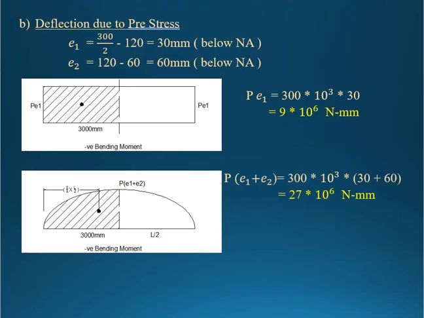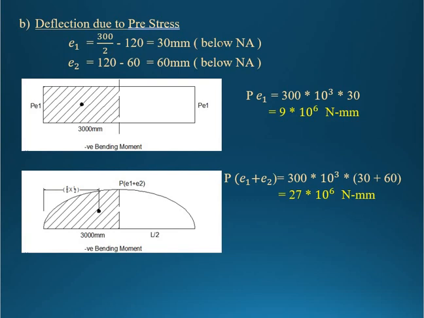Next, as I told, live load will be absent in the transfer case, so we are not calculating deflection due to live load. We are going for deflection due to pre-stress. Already I have explained how I got this E1 as well as E2. E1 is 150 minus 120, that is, 300 by 2 minus 120, which is 30 mm.